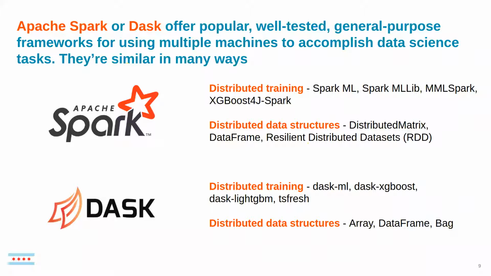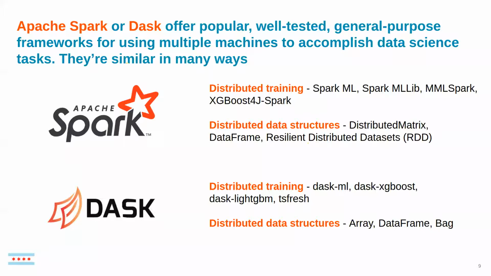So let's talk about the ways that these are really similar first. Both Spark and Dask have distributed machine learning training libraries. In Spark, you have Spark ML, you have MLlib. MMLSpark is a project from Microsoft that lets you get access to LightGBM and some other Microsoft machine learning frameworks in Spark.